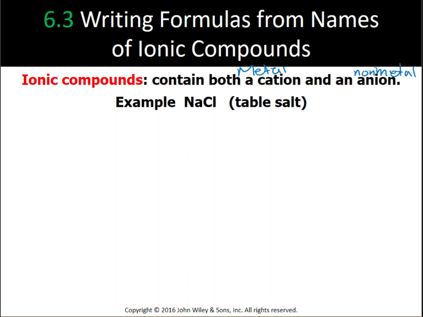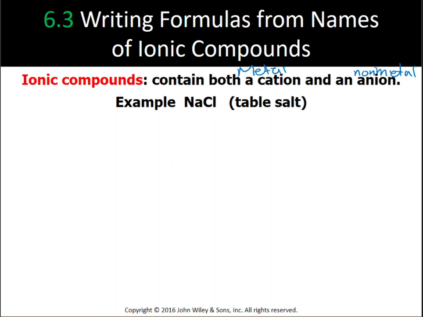And if you only have one metal and one nonmetal, this becomes a binary ionic compound. An example of an ionic compound is sodium chloride, NaCl, which is table salt.